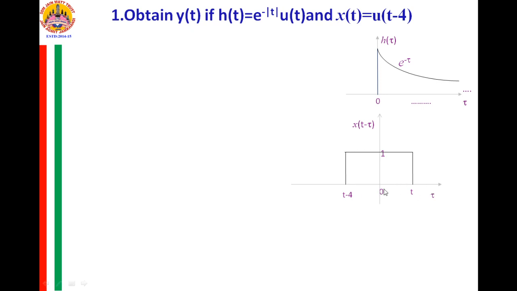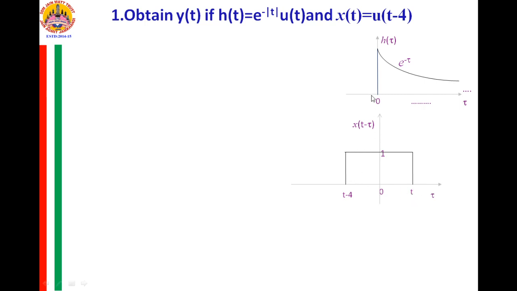If you have observed, for t equal to 0, it was existing from 0 to minus 4, for t equal to 1, it will be existing from 1 to minus 3, for t equal to 4, it will be existing from 0 to 4. So, this end is t minus 4 and this end is t.